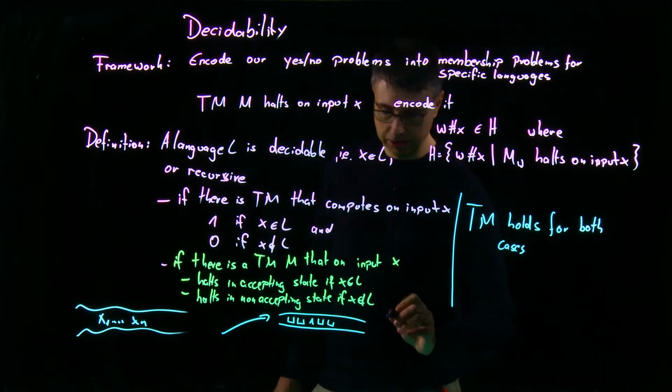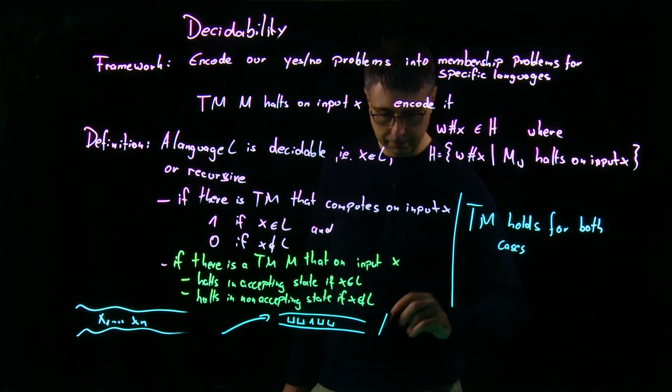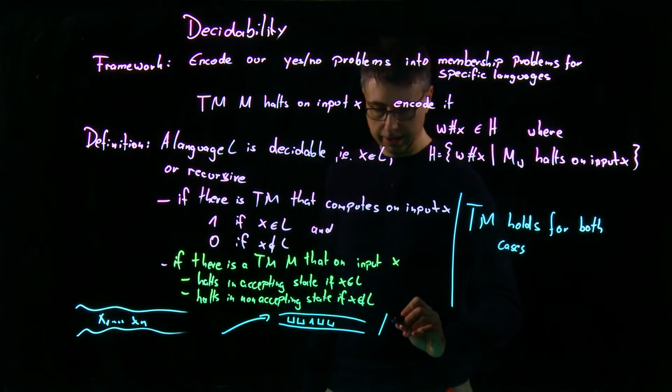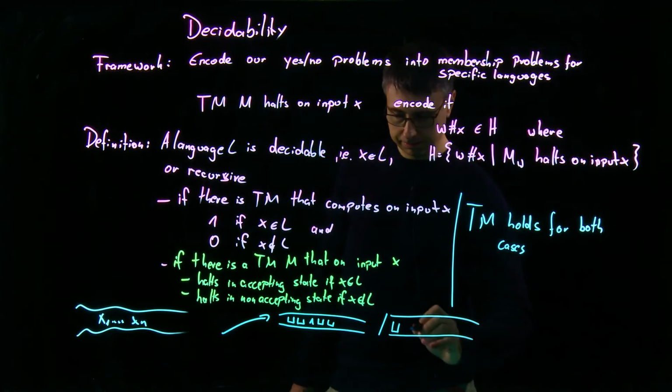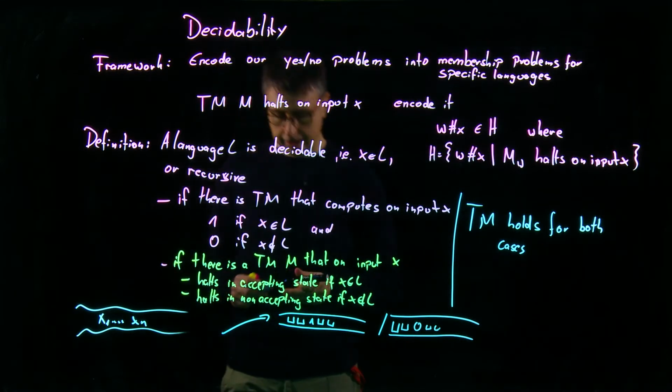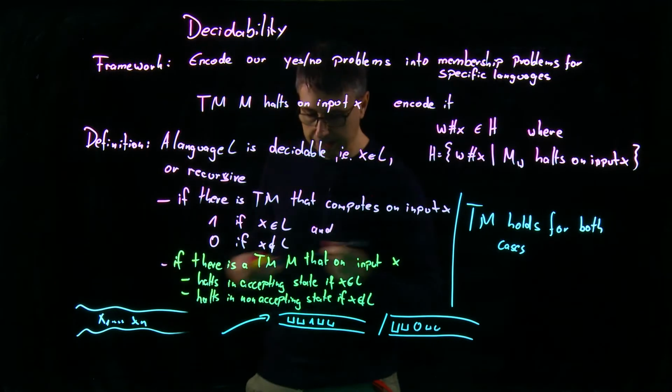That's the first possibility. The second possibility is, if it's not in the language, then we should have a 0 on the tape. That's this part here, computing a function.